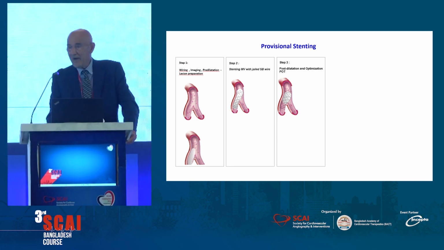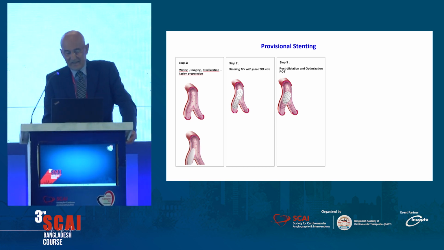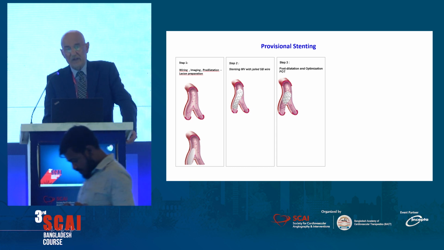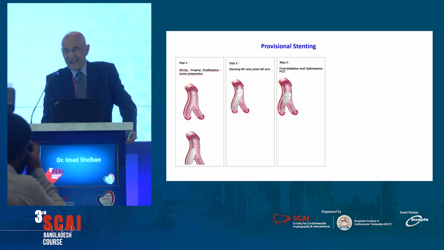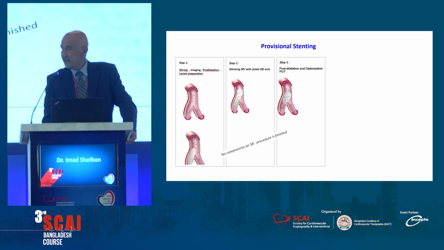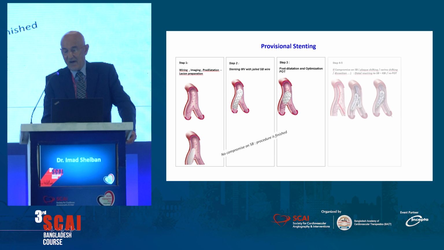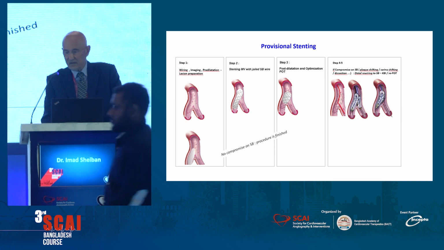Mainly, the problem is related to provisional stenting, and today we all agree that provisional stenting should be taken very simply, in 3 steps: wiring, pre-dilating the main vessel, then stenting the main vessel and POT. If there is no compromise, the procedure finishes here. If we have any compromise, we have to access the side branch and then open the strut to recover the side branch.